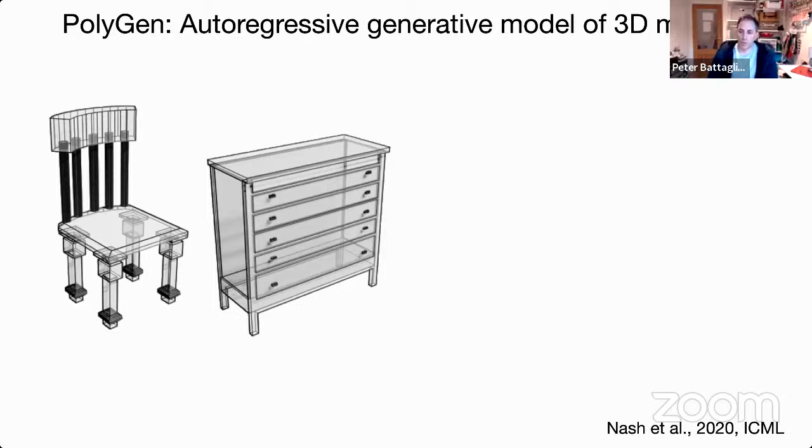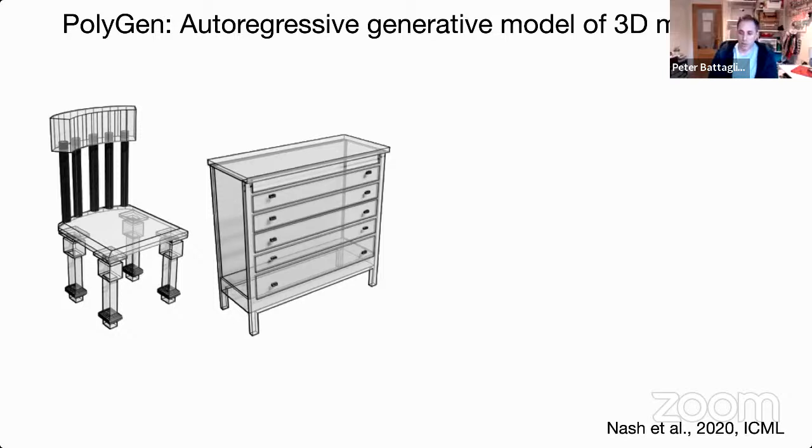So these two things that you're seeing were generated by, oh sorry, no, actually not these two things. I'll show the things that were generated in a second. These are real data. So we have a data set of 3D meshes that contain things like chairs and dressers and lamps and other stuff like that.